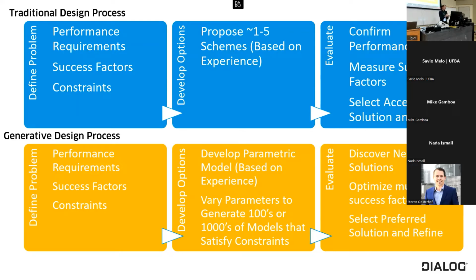Through that process, you can discover new solutions that you hadn't considered, or because there's so much iteration going on, find more efficient solutions or solutions that optimize value across a whole bunch of different targets that you can set. This also requires the input of experience, both in defining the model and evaluating the outputs, to have a reasonable solution. But you can see the contrast between those two processes.